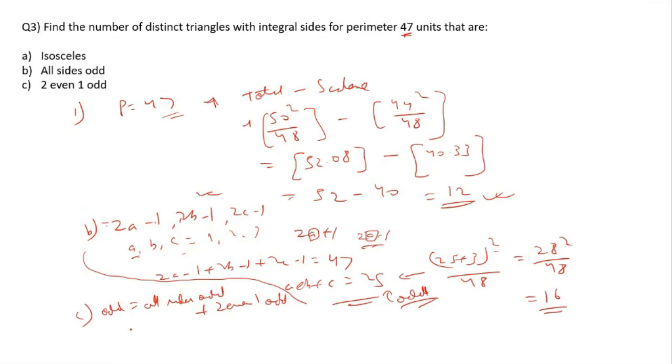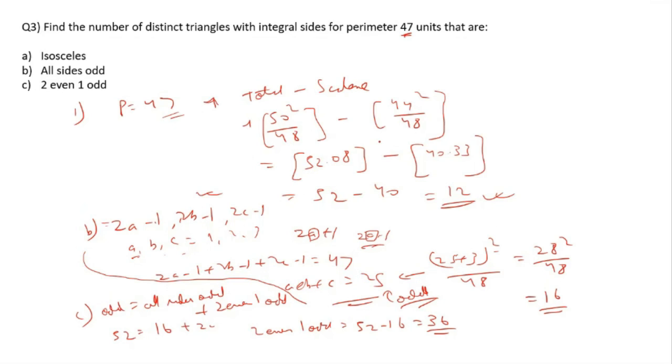All sides odd, we just found out that's 16, right? Total we know was 52 here. So 2 even 1 odd will be 52 minus 16, which is 36. So again, just to recap: total odd perimeter, 50 squared by 48, 52 triangles.